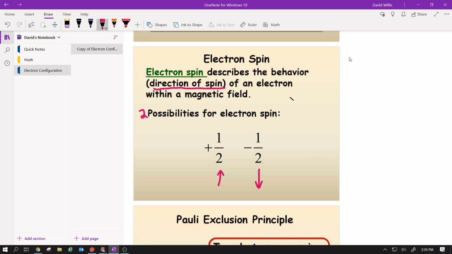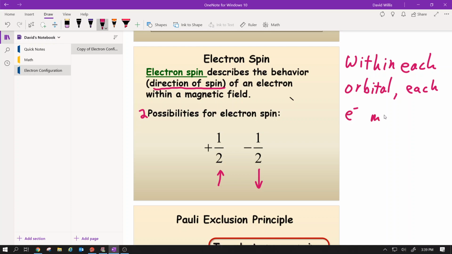Within each orbital, remember that each orbital can hold a maximum of 2 electrons.